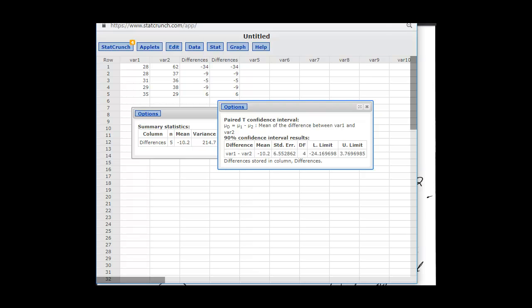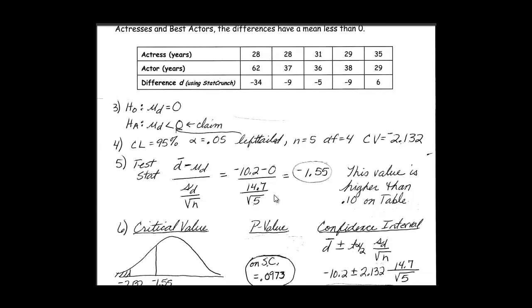So let's go back to our problem, and I took the formula. Again, you're going to take the average difference, the mean difference, minus the population mean difference that we're hoping is 0, or we're not hoping is 0, but we're testing whether or not it's 0.